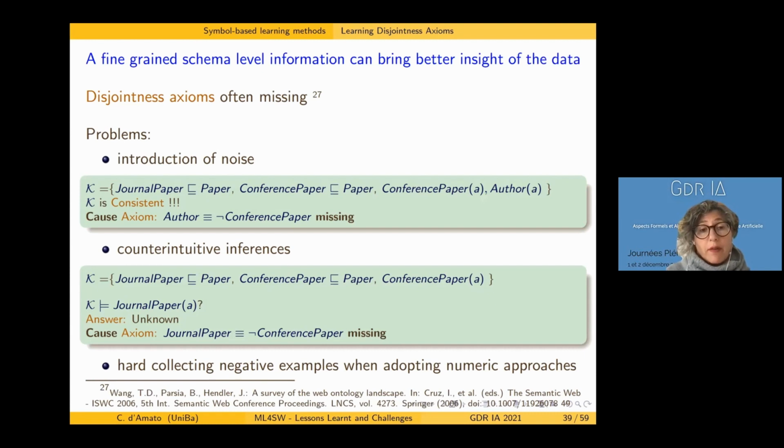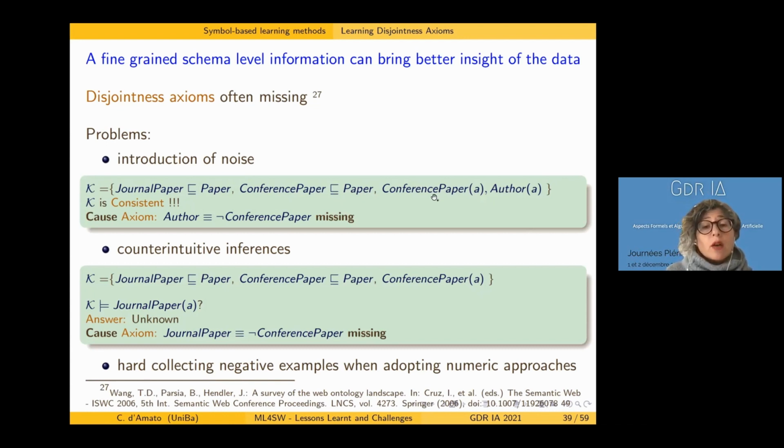That is mostly the meaning of this simple example, in which we have three concepts: journal paper and conference paper, both subclasses of the concept paper. And we have two assertions: an individual A is an instance of the concept conference paper, but also of the concept author.